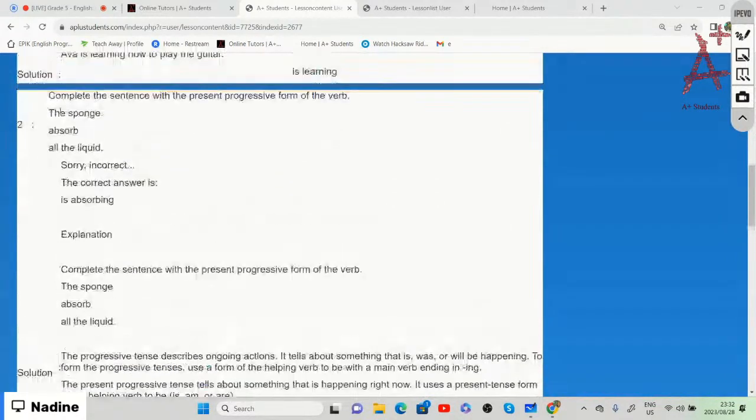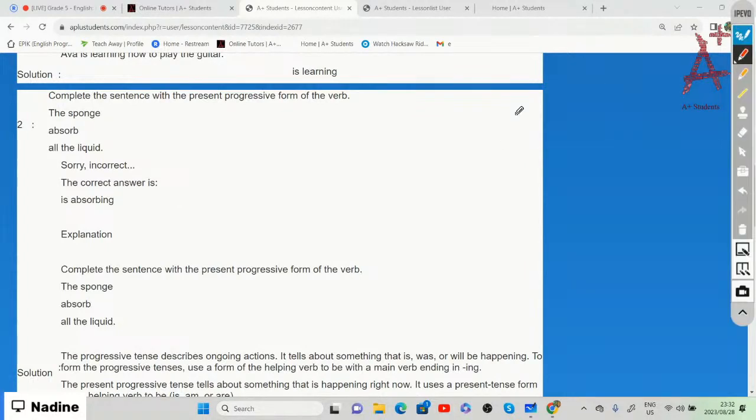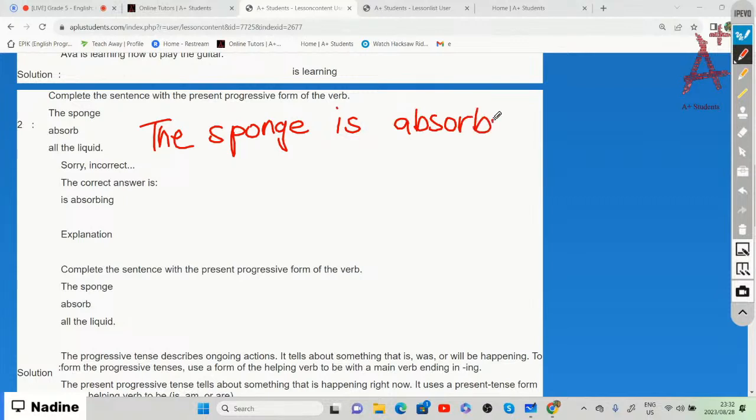All right. The sponge absorb all the liquid, right? If we are completing the sentence in the present progressive form, we will rewrite it by saying the sponge is absorbing all the liquid.